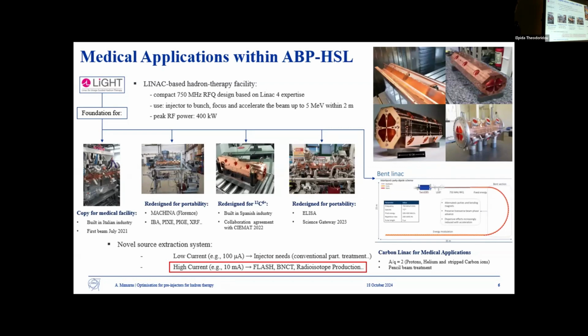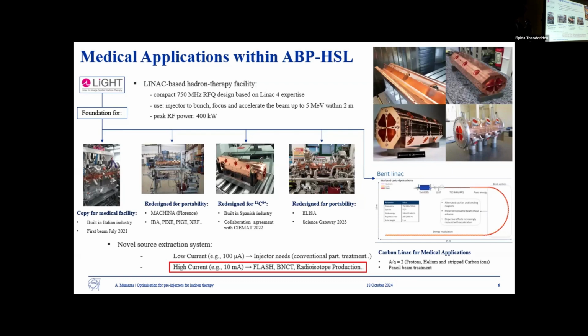We received it at the end of the summer, and we foresee its testing in the near future. A copy for portability in the LISA project, again an RFQ for ion surface analysis, which has been demonstrated since 2023 in Science Gateway at CERN. So I advise you warmly, if you have a chance to visit CERN's exhibition, it's free to do and you will enjoy it to the max.